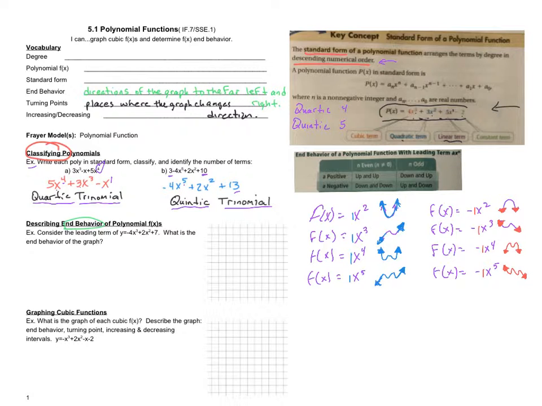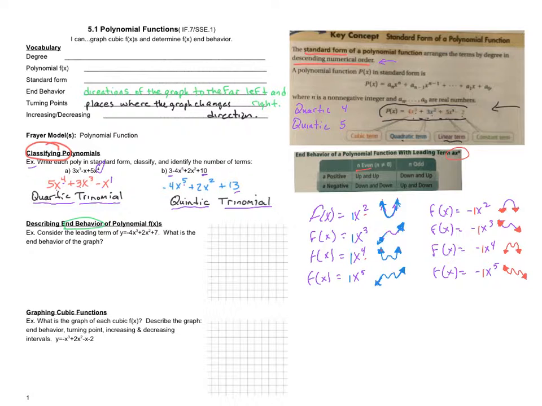And what we can see here, looking at ax to the n, with n being the exponent or the degree of your variable: when a is positive and n is even, it's a 2, it's a 4, then it is going to be up, up. We can see that. When a is negative, it's going to be down, down.